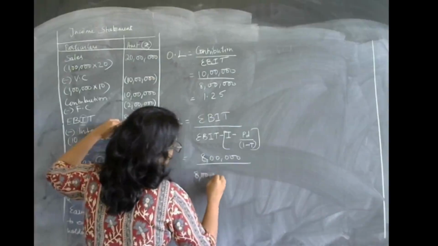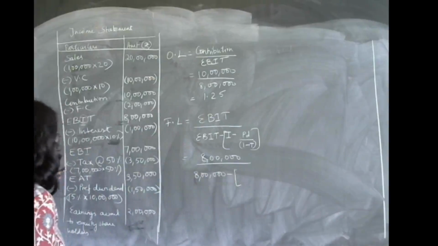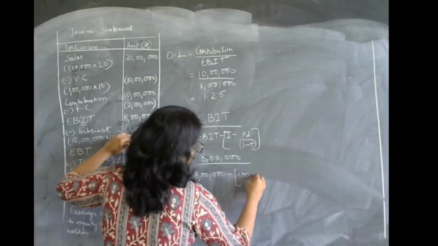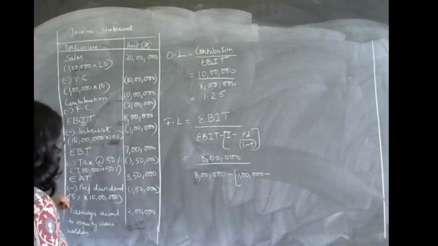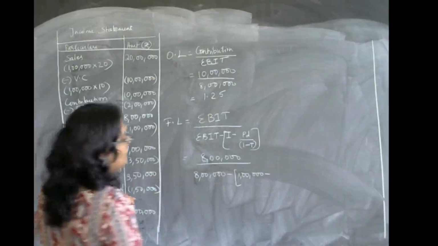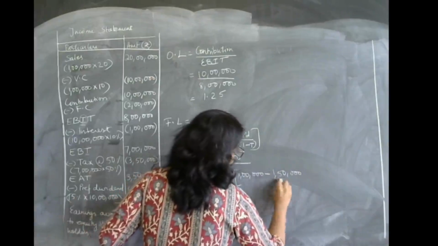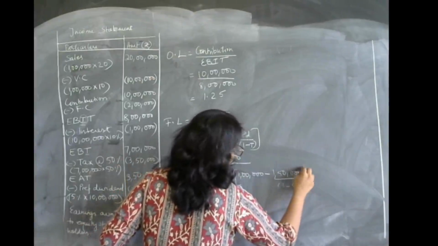EBIT is 8 lakhs minus interest. Interest is how much? Divided by 1 minus 0.50.